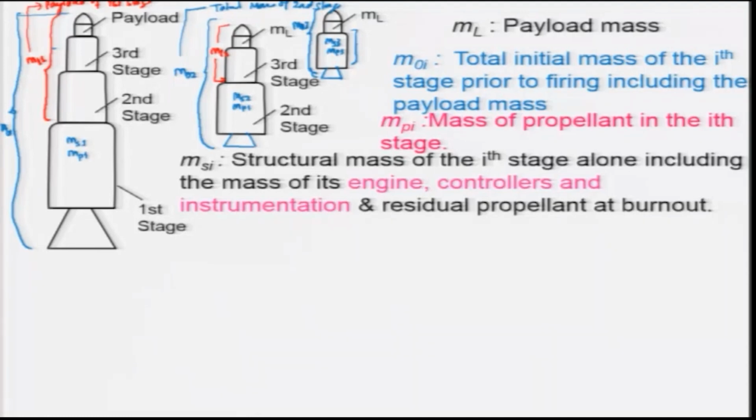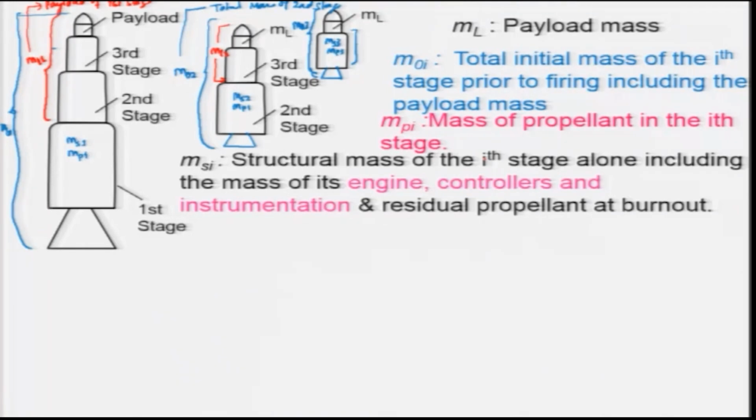Because at the end of burnout a certain amount of propellant will remain unused, that mass also will be taken as structural mass, which will be dropped out at the end of each stage.